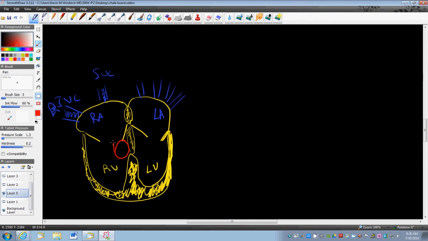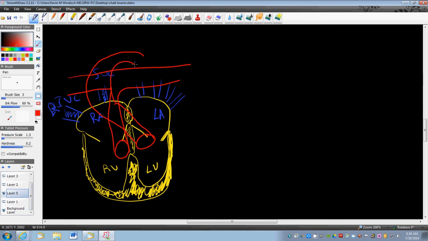So we have the pulmonary artery coming out here, and it comes up and then makes sort of a T. Okay, and then you have the aorta here, and it comes up, goes on top and then wraps behind the pulmonary artery. Alright, so this is your PA, and this is your aorta. Alright, so this is normal anatomy.